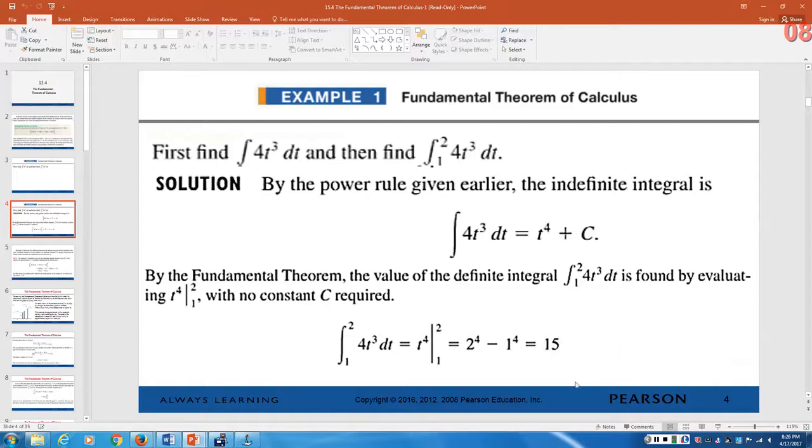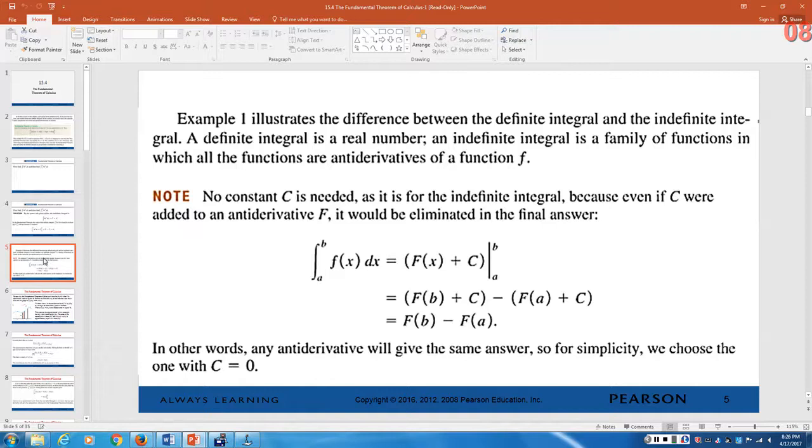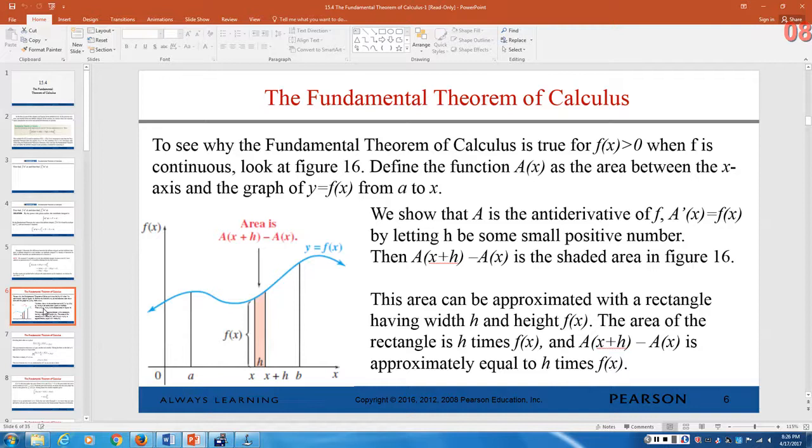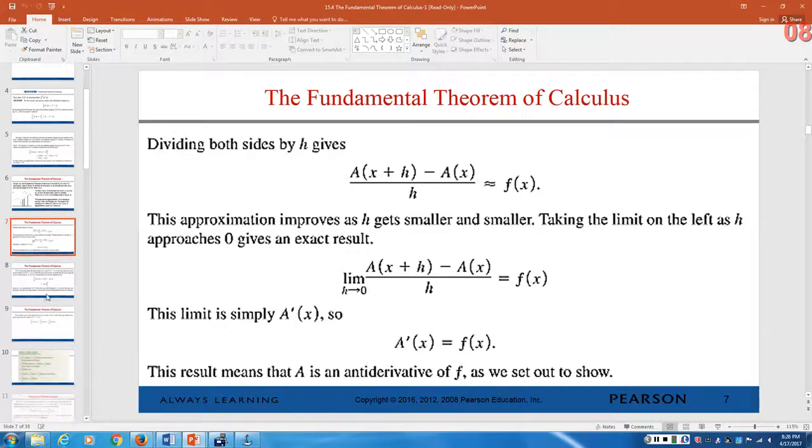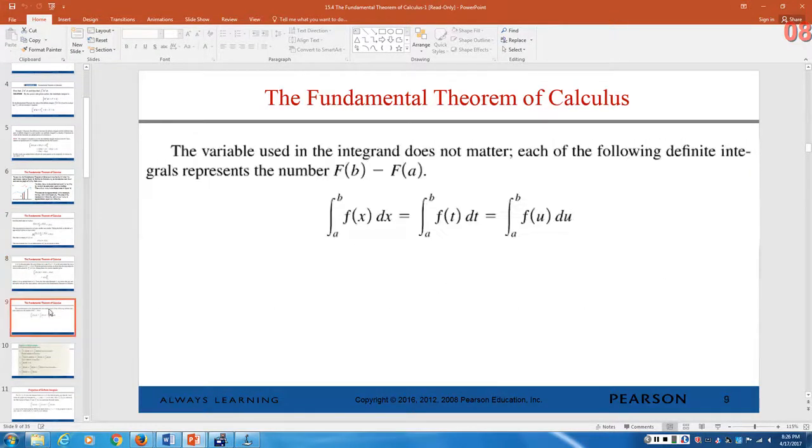So that's everything that we did right there. That's just the notation for it. And this is an explanation of why you didn't need the C. And I'm going to skip over that part because you don't really need to worry about that. This is the derivation.